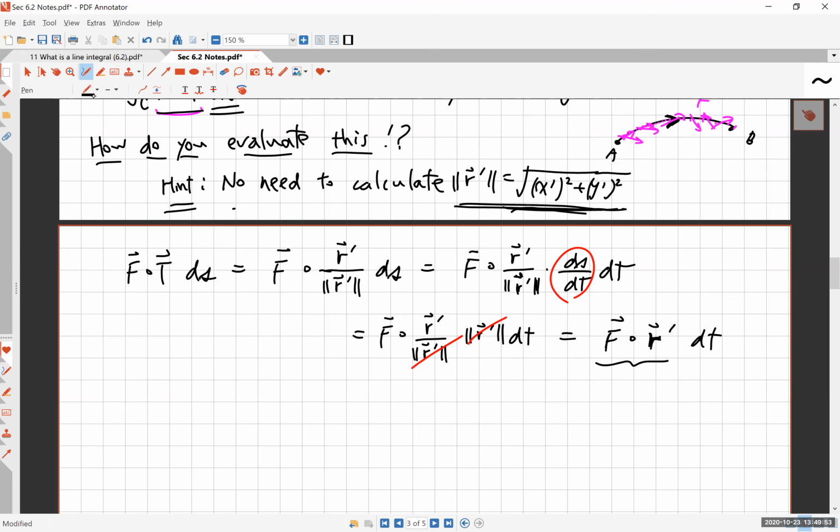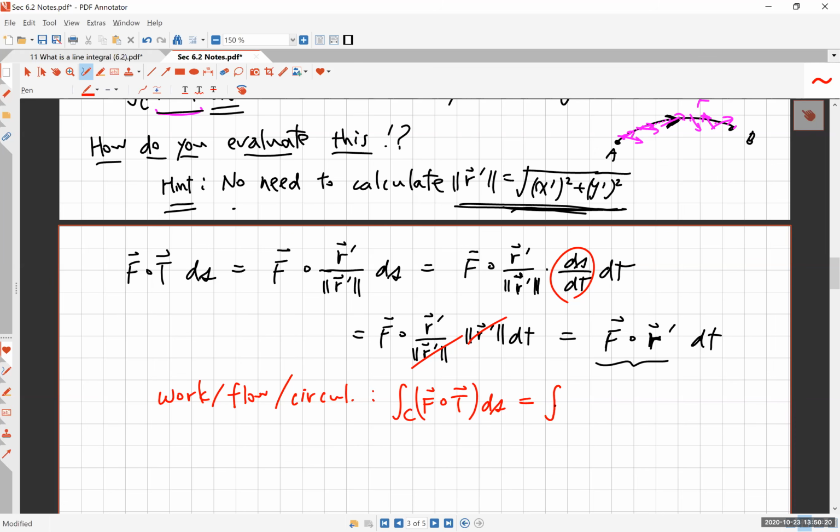This is really good. So let me write what I just said in red. The work integral, flow integral, circulation integral is this: the integral over C of F dot T ds. By definition, the work integral is this because you are integrating the tangential component of the vector field F along C.